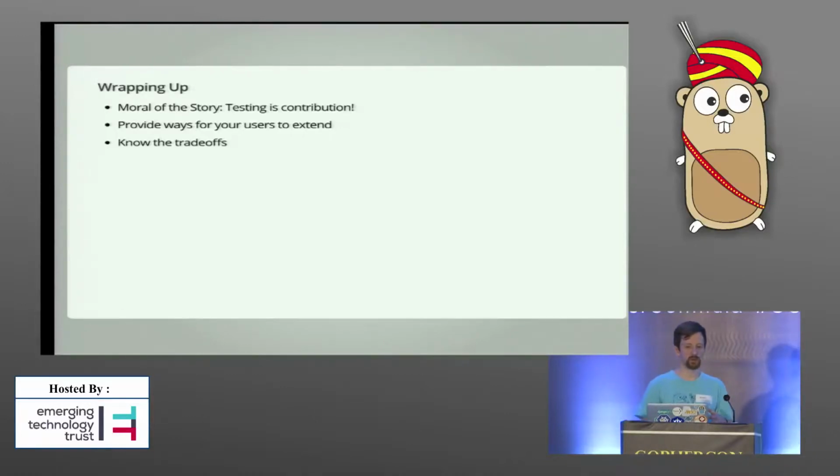So just to wrap up, during the conference, there's been some talk about making contributions and what the best way to make contributions to Go and to Go projects is. And I think one of the morals of the story that I learned when I was playing with plugins is that testing is actually a type of contribution. You don't necessarily have to write code for the project.